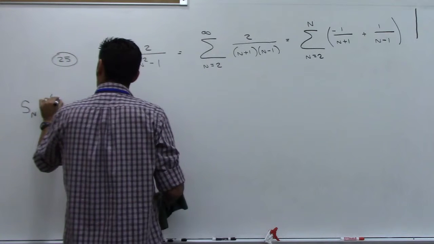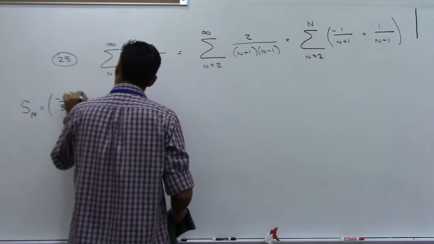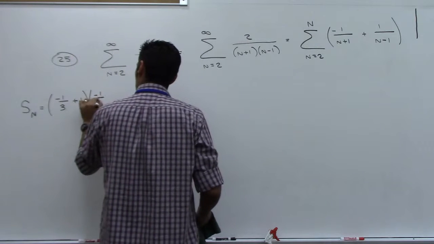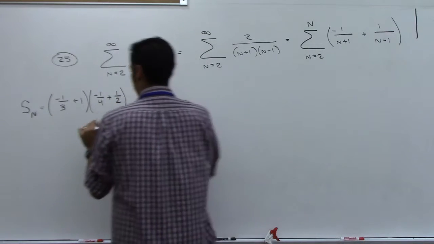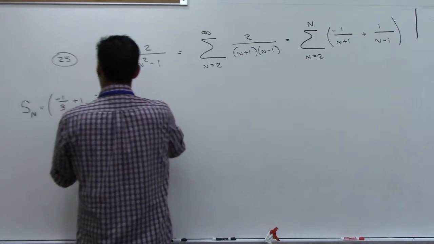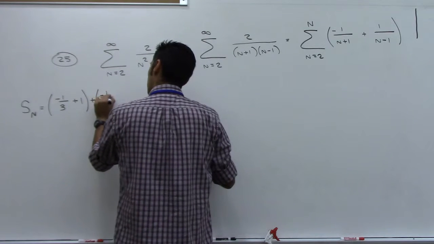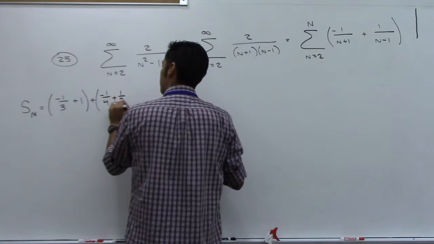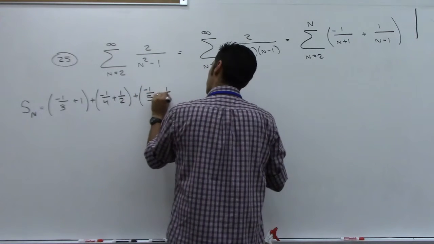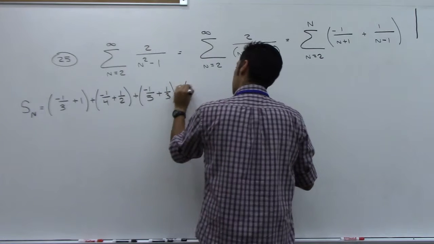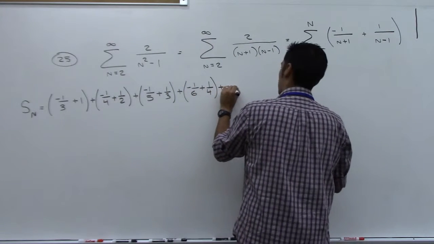It was -1 over 3 plus 1, and then it was -1 over 4 plus 1/2, and then -1 over 5 plus 1/3, and then -1 over 6 plus 1/4, and so on.